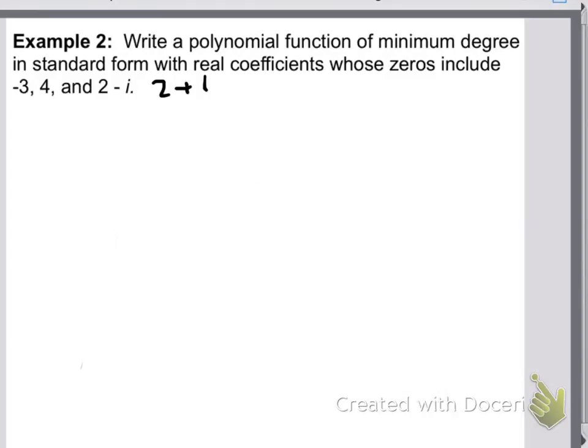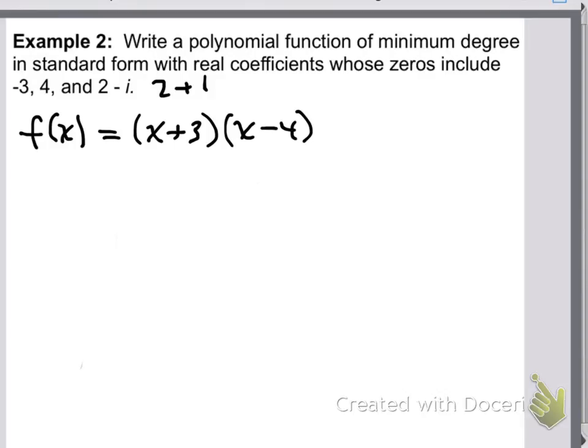Alright, so let's write these zeros in terms of their linear factors here. So we're going to have f of x equaling x plus 3 times x minus 4. Alright, and then we have 2 minus i, and we have to write that in terms of a linear factor.